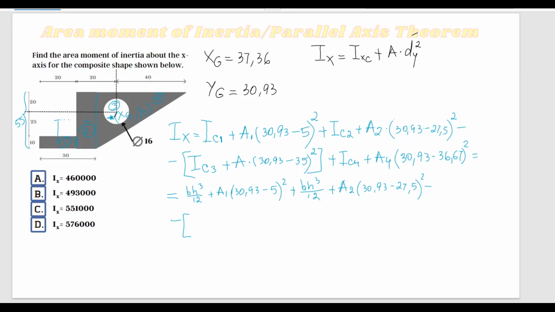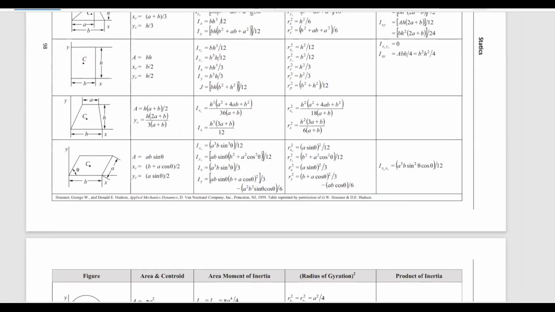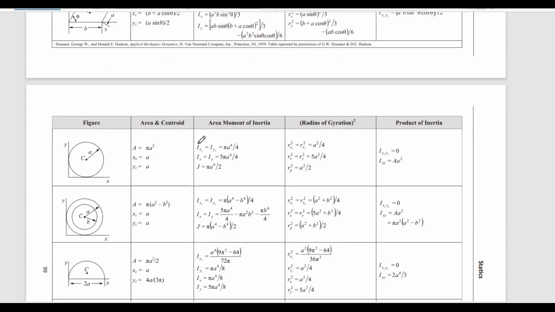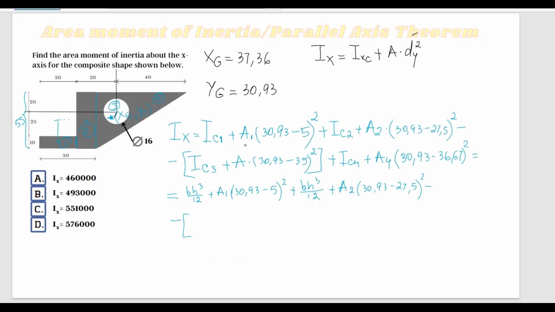IC3 is the moment of inertia of the circle about its centroid axis. So let's find the circle here. Now, of course, Ix equals, so it's pi a to the power 4 over 4, and a is the radius. So I'll go here.